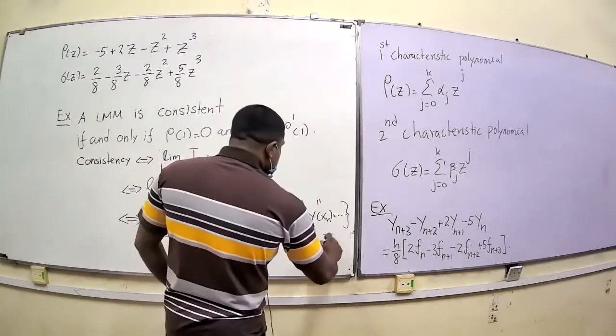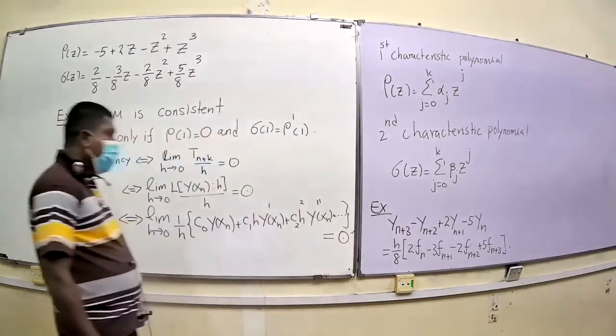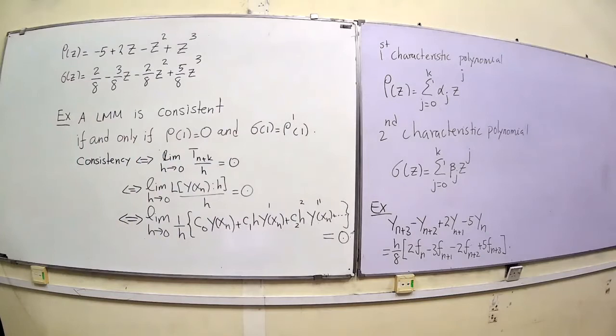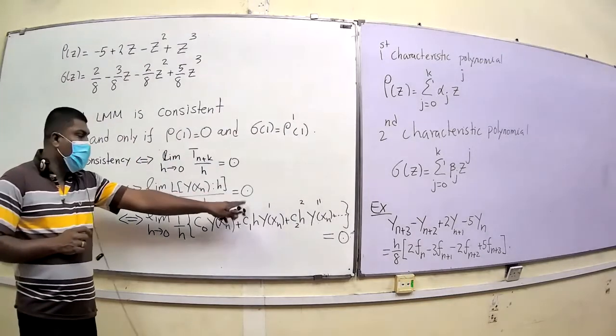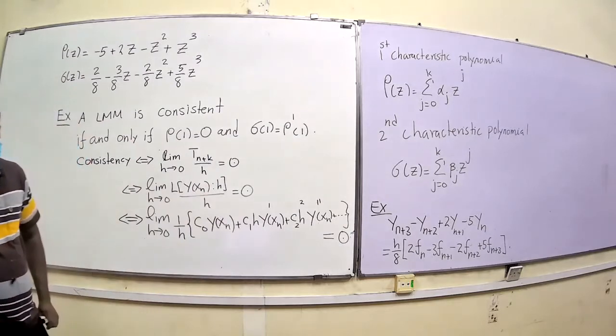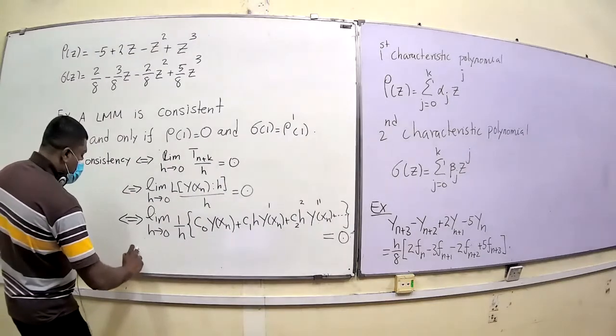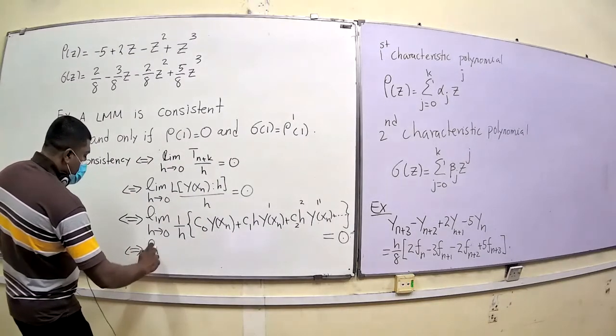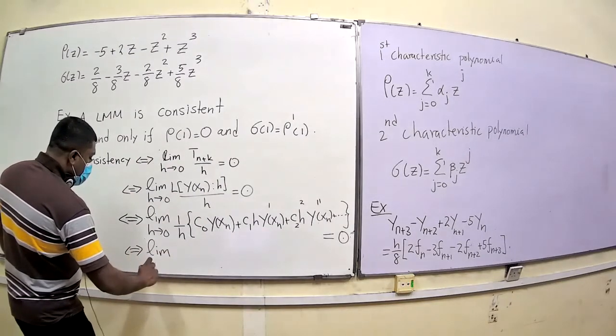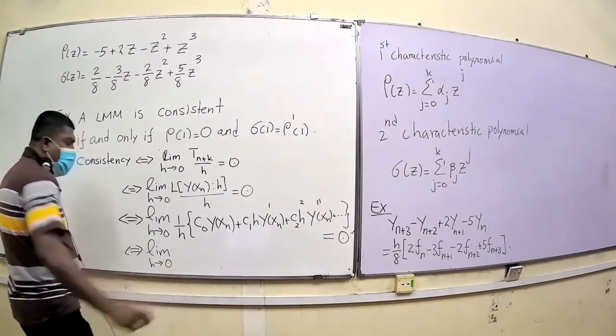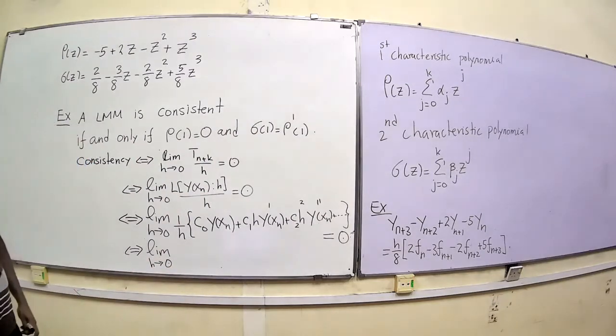And that is 0. So this limit must be 0, because the limit of ln over h is 0, when h goes to 0.